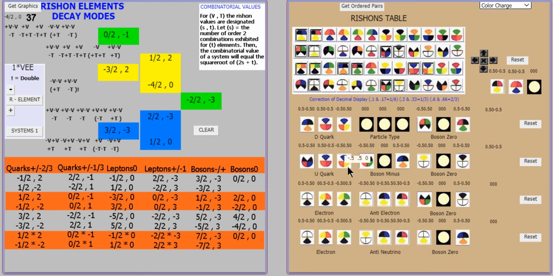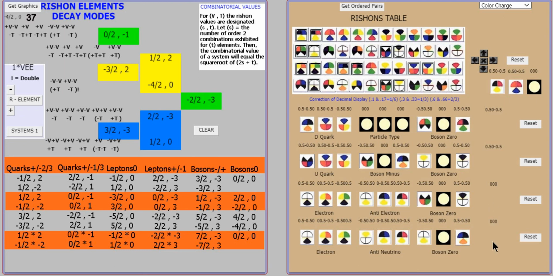And that continues for the U quark because the dual relating anti-V has purple, just as the alter-relating Rishon it exchanged with did. And the electrons have all three colors, anticolors, and then all three colors, and so the antineutrino likewise. And all of the bosons have color and anticolor canceling those out.